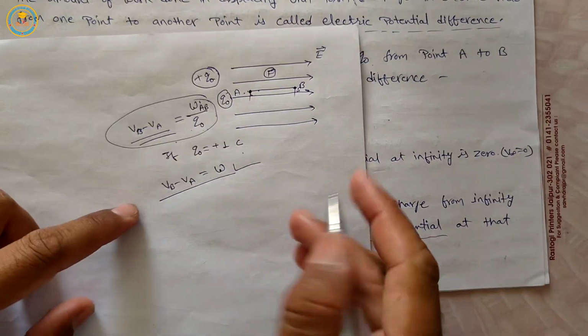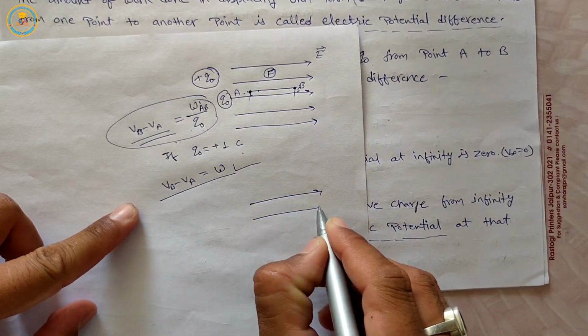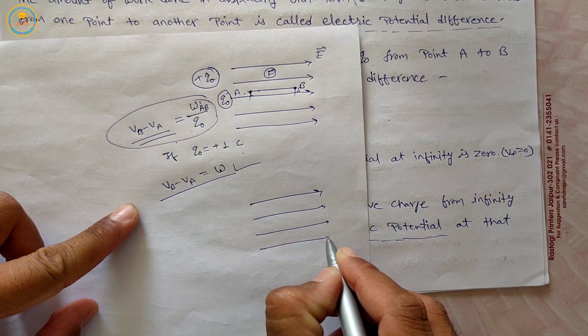Suppose we have an electric field E vector.